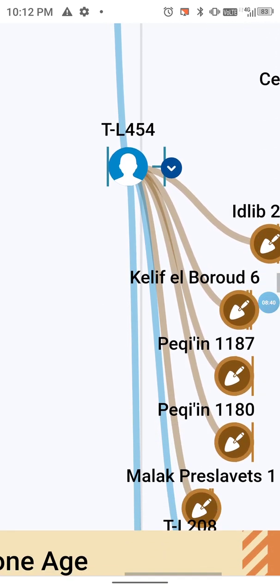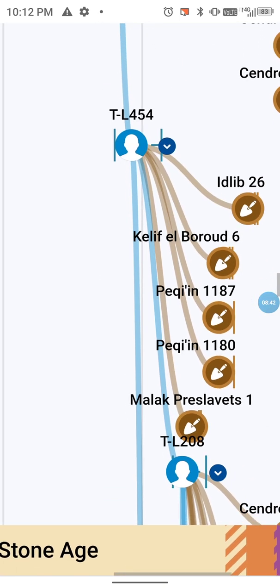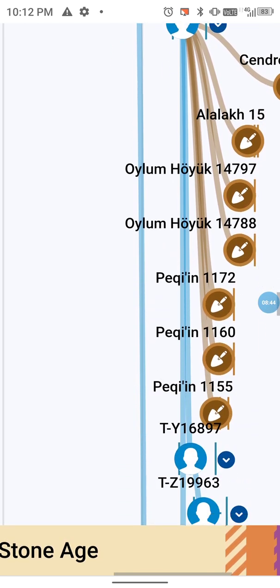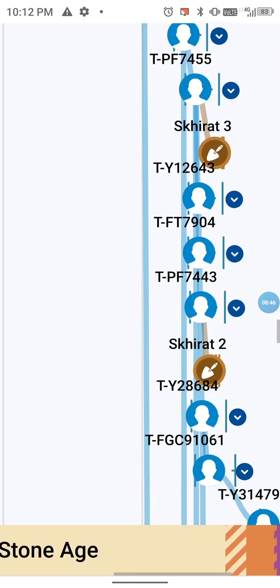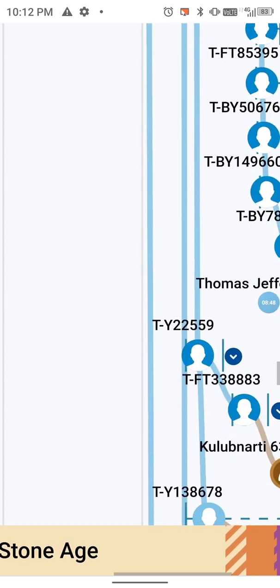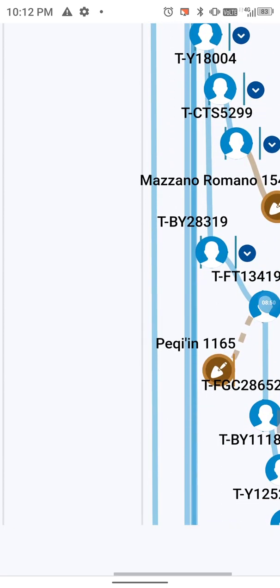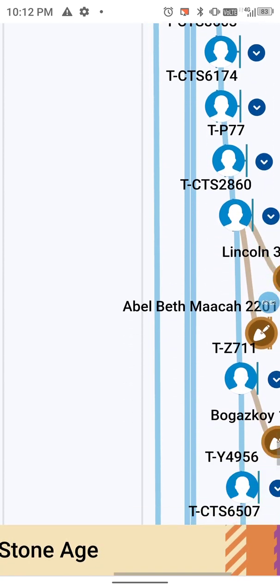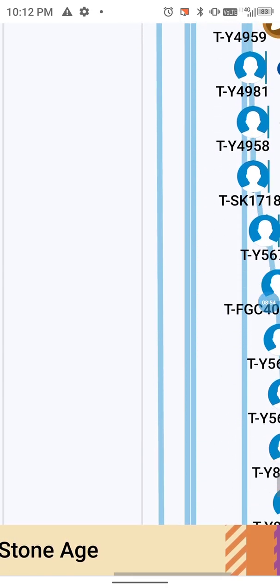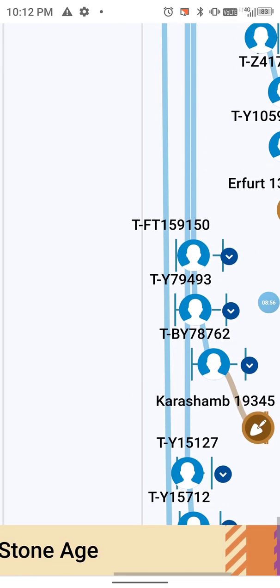And from that SNP, we have a line that branches off separately. And you follow it all the way down. That same line, all the way down on this tree. It's separate, right?